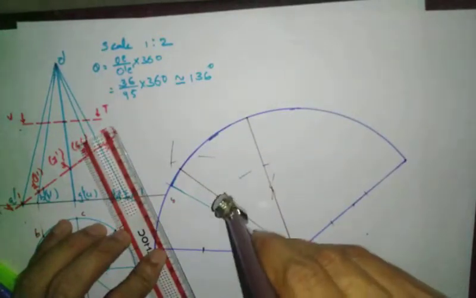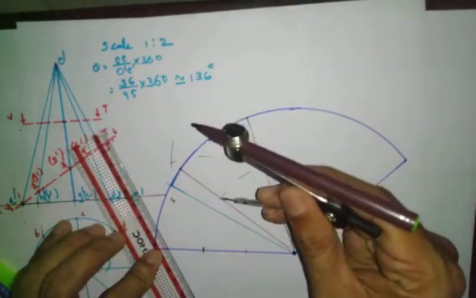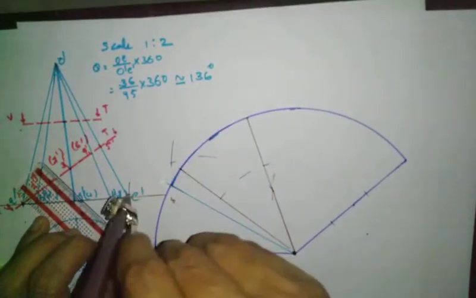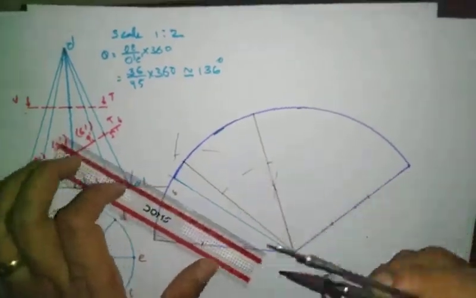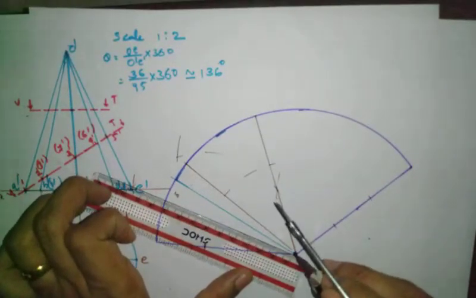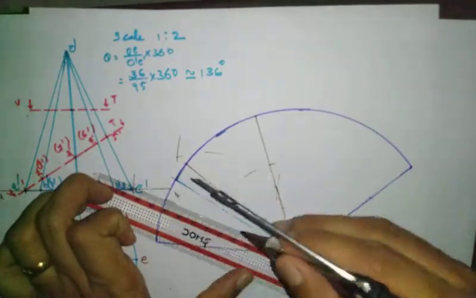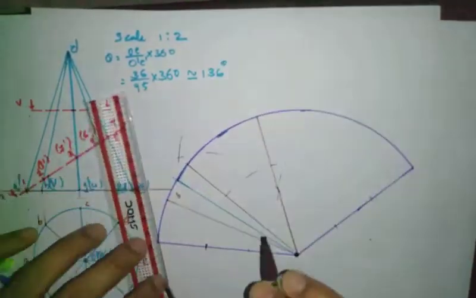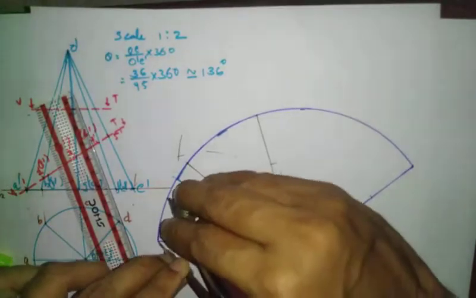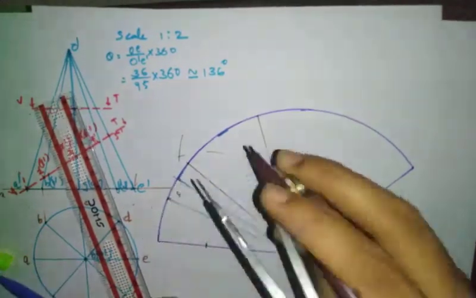Again you just divide. Now take this division and mark it here.